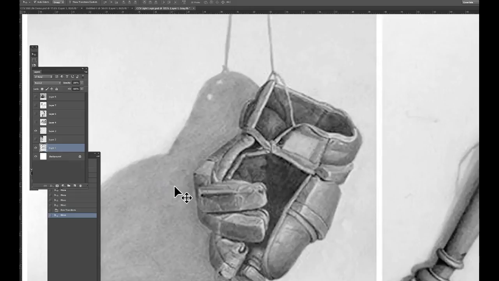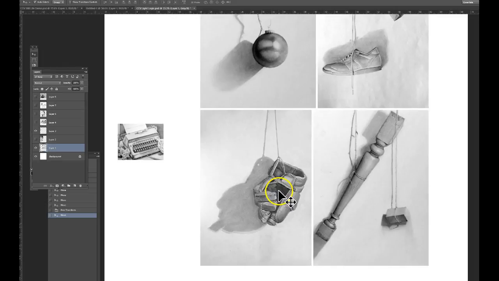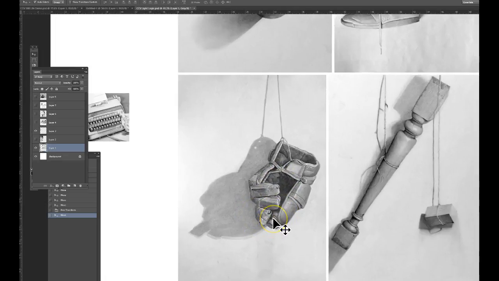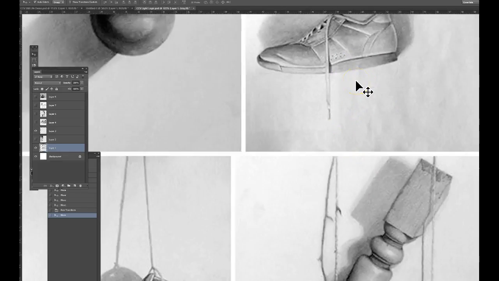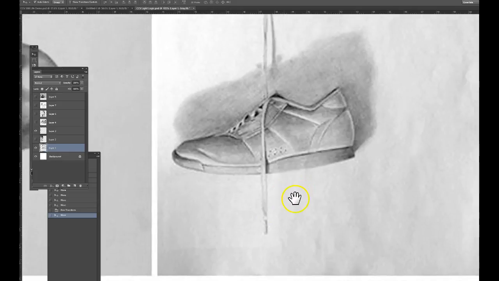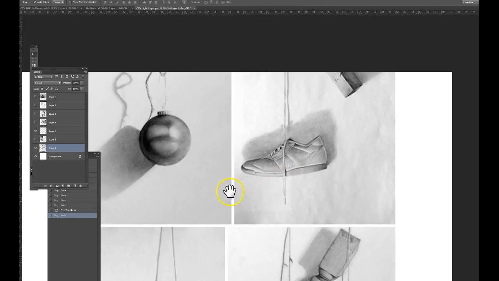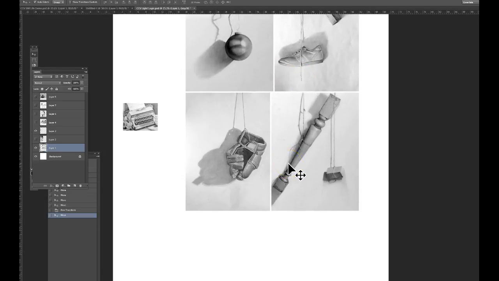Again, we're dealing with lots of shifts in value and value variations, and there are planes of value determining the edges of the objects, as opposed to having just outlines to determine edges. When you get to start choosing your complex still life, you can really have fun with it. You can do something hanging on the wall, or you can do something sitting on a table.